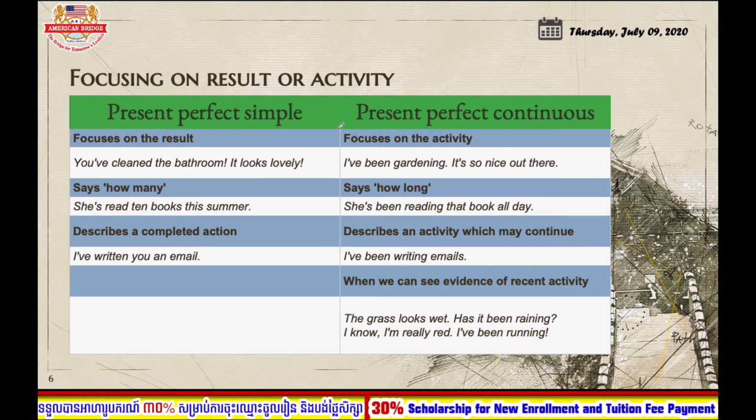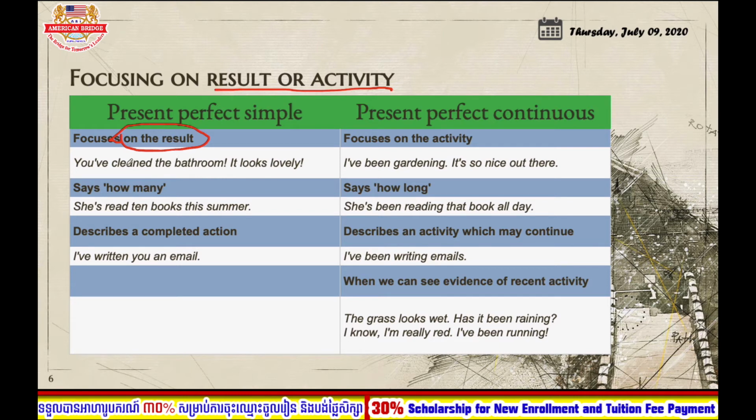If we talk about the result or the activity, we need to use two different tenses. When we use present perfect simple, we focus on the result, we focus on the outcome. So look at the example. I have cleaned the bathroom. It looks lovely.